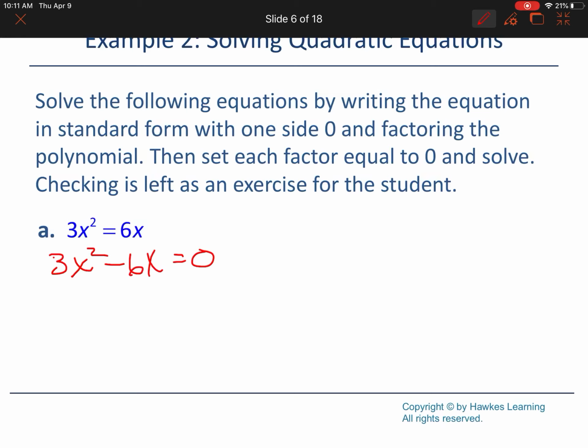So the first thing we always do when we factor is pull out the greatest common factor. So we look here, and the greatest common factor will be 3x. And what's left in the first one is an x, and what's left in the second one is a 2.